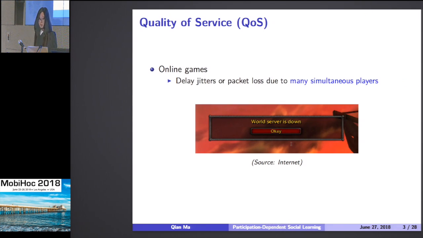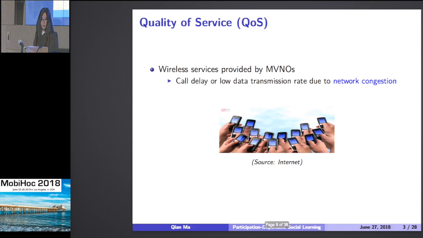For online games, many people may experience delay jitters or packet loss due to many simultaneous players. And for wireless services provided by MVNOs, people may suffer from call delay or low data transmission rate due to network congestion.